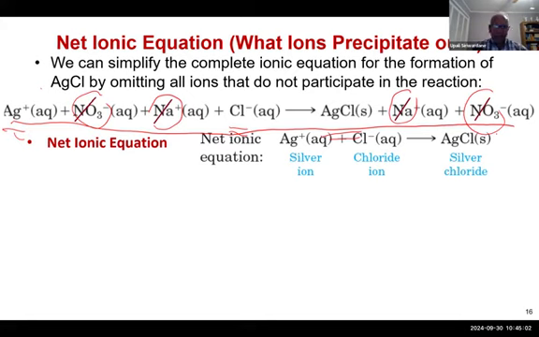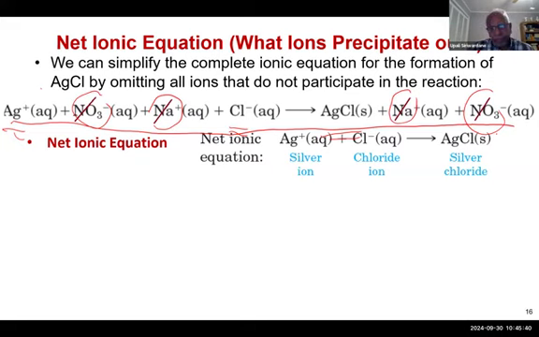So it's pretty easy. You look at the complete ionic equation, combine the ions, and you get the chemical or molecular equation. For the net ionic equation, look into the complete ionic equation and remove ions that are found on both sides. Ions found on both sides are called spectator ions. Spectators do not participate. That's the meaning of a spectator. So they are not in the game.